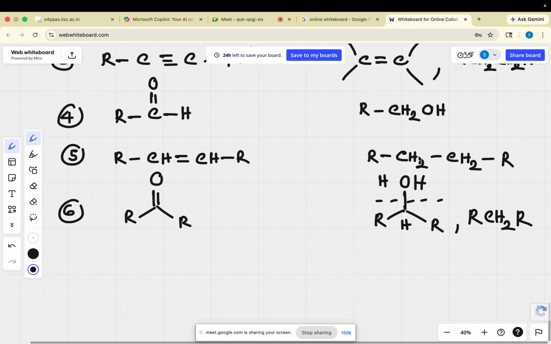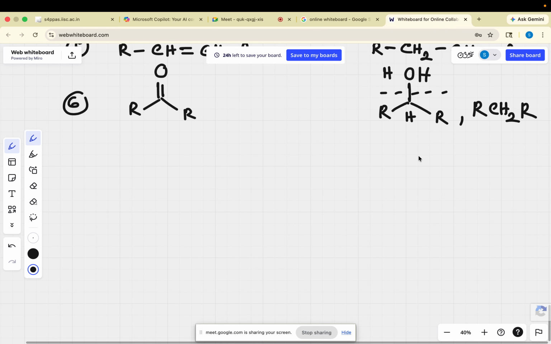Okay, sir. Done. Now suppose number 7, I have this molecule, and here I have this CH2O, this is an ether compound.